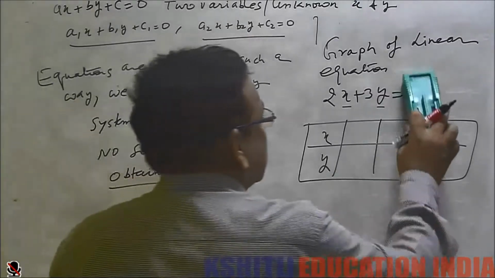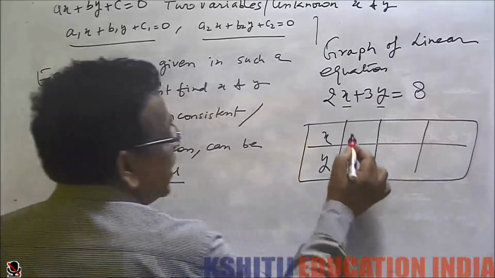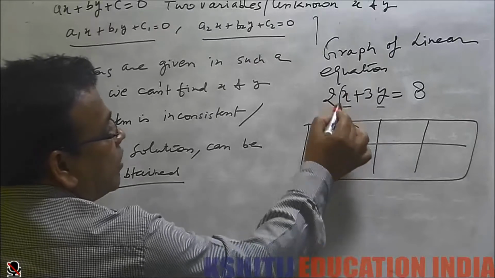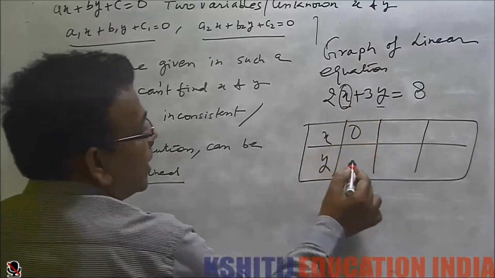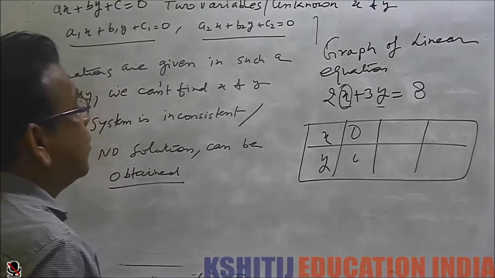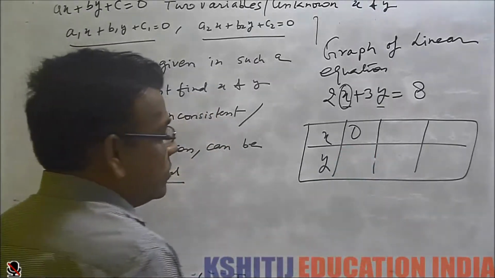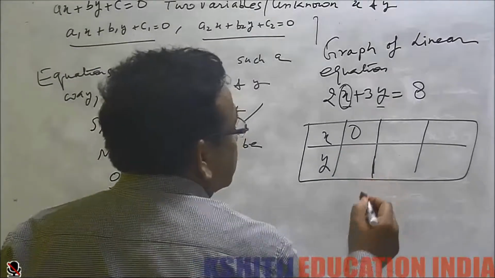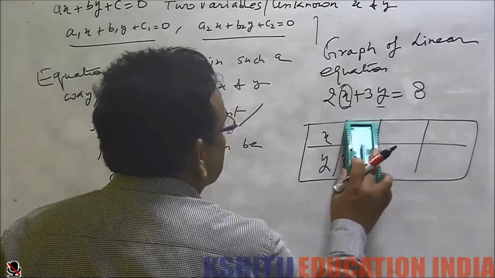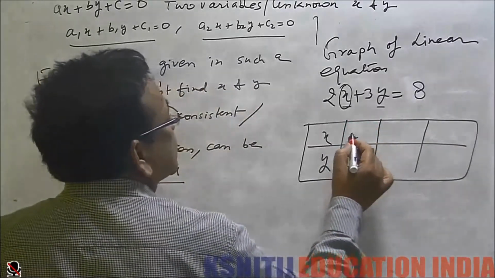So in 9th standard we supply, let's say, x is equal to 0. Put y is equal to 0. You can supply any of these values. I am trying to find the integer value, that's all. If I put y is equal to 0, I will get x is equal to 4.